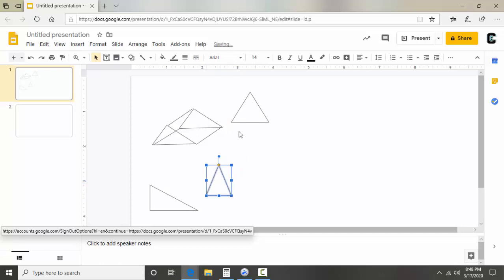So here's how we're going to handle this. Depending on the type of base that you have, that determines which measurements you're allowed to make up yourself and which ones you have to calculate. For example, let's use this scalene one right here.